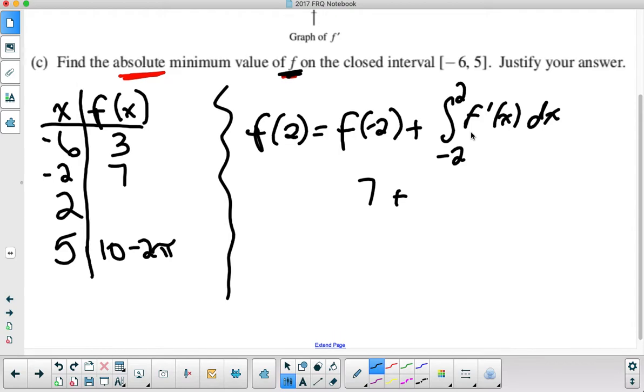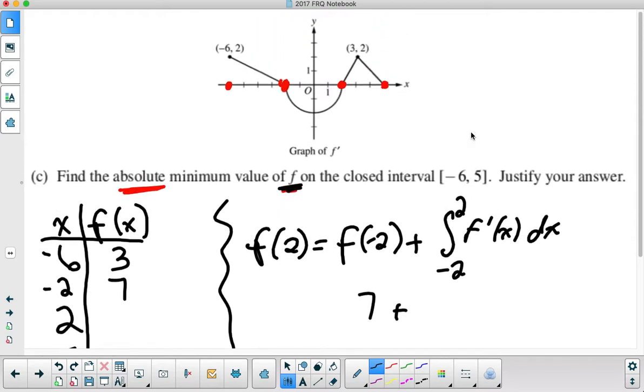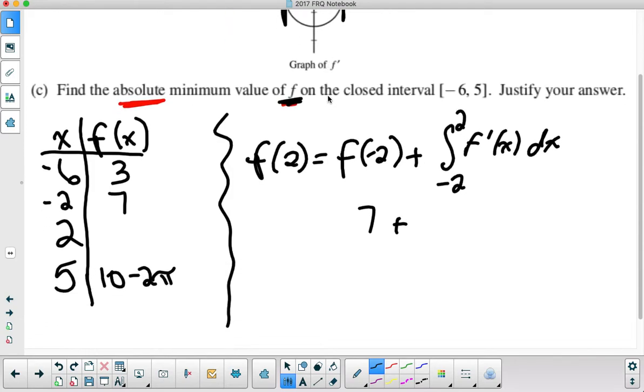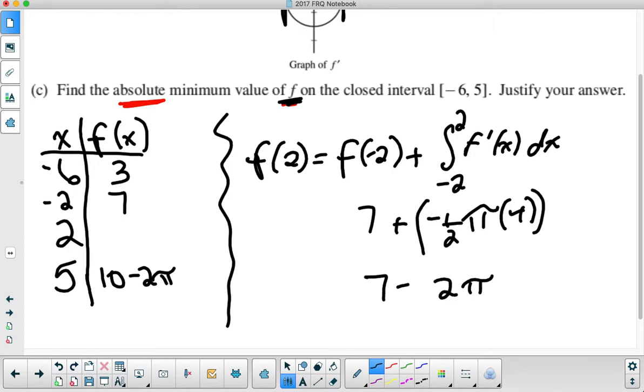We need the area from -2 to 2, so all we have is that semicircle. We basically already did that work. That's just your -1/2 because it's a semicircle, so half pi times the radius squared. The radius was 2, squared is 4. We pretty much already did this in part A as well; we just didn't have that extra part of the +3. So there's the rest of our table, 7 minus 2 pi.